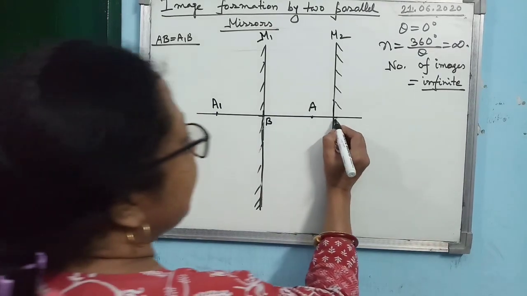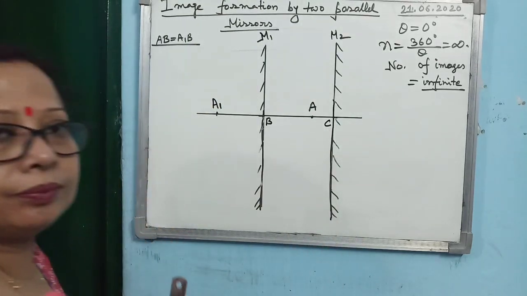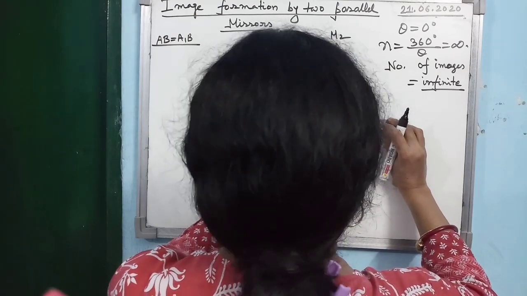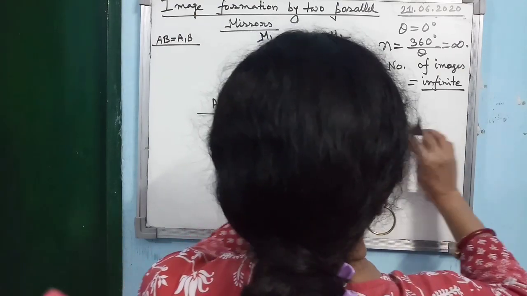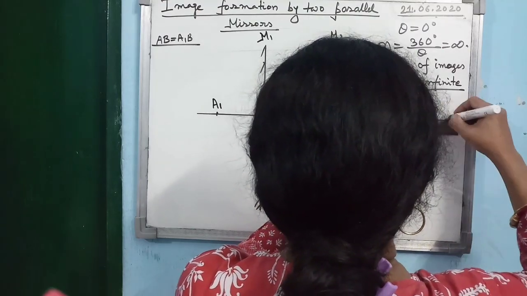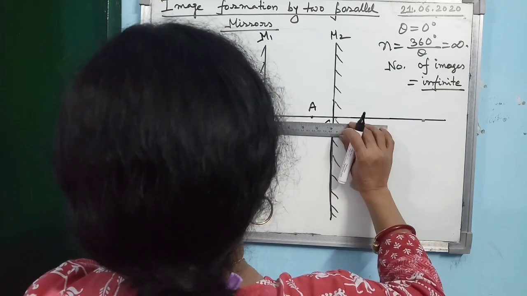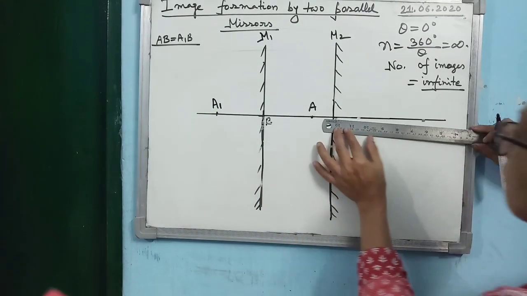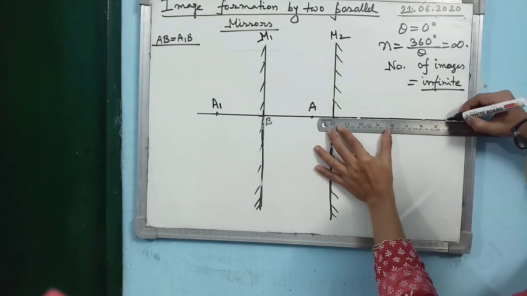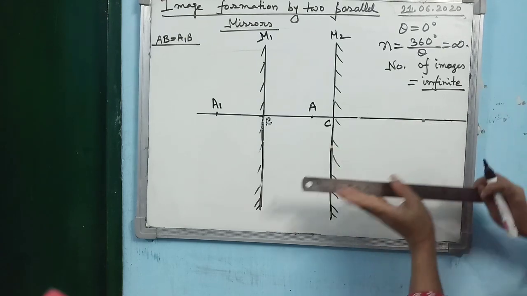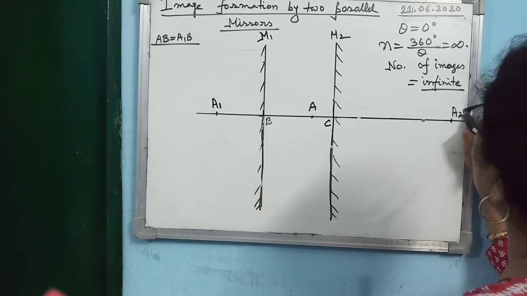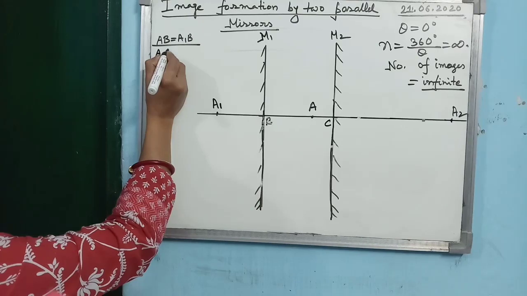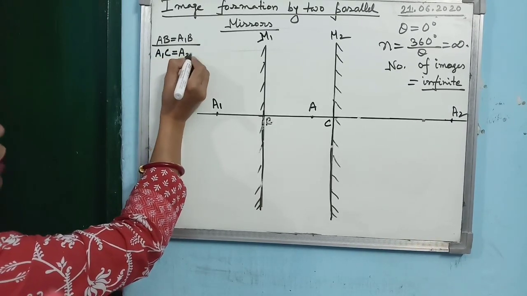Now name this point as C. Then mark a point A2 behind M2 in such a way that A1C is equal to A2C.